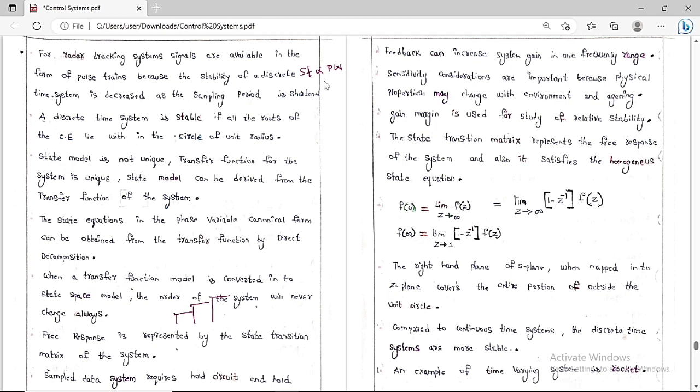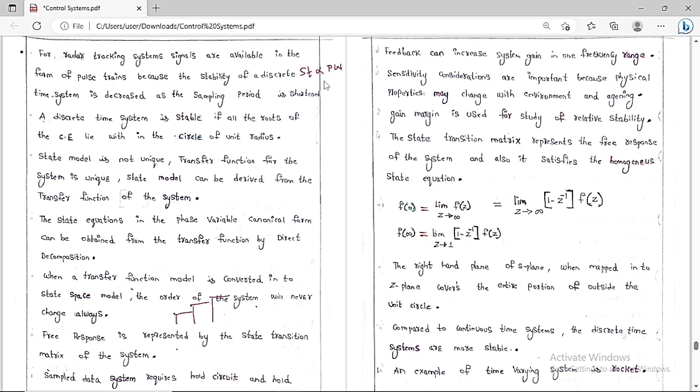Non-linear elements are sometimes intentionally introduced to improve the system stability. Sometimes in a given control system, non-linear elements are introduced intentionally to make the system stable.